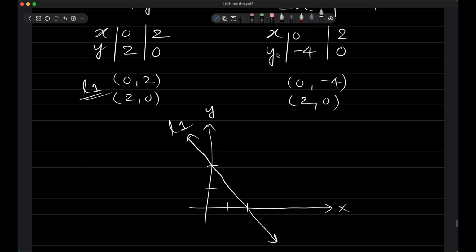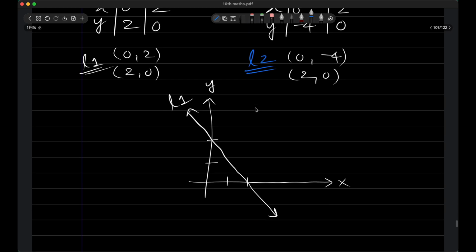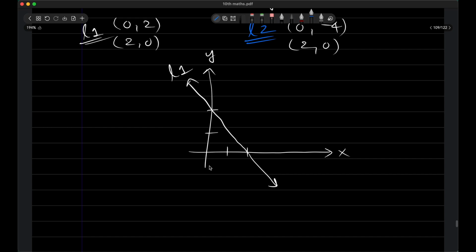For line L2, the points are (0, minus 4), that is when x equals 0, y is minus 4, and when x equals 2, y equals 0. So the line is passing through (0, minus 4) and (2, 0).